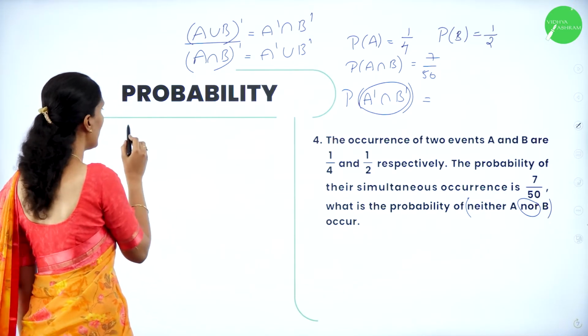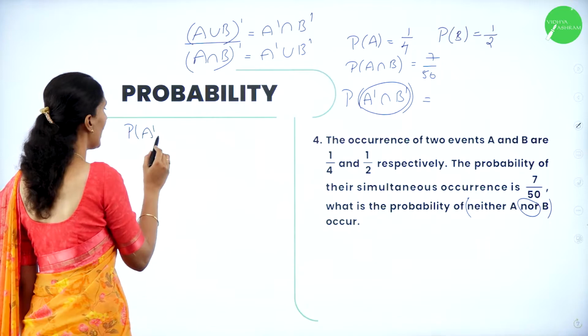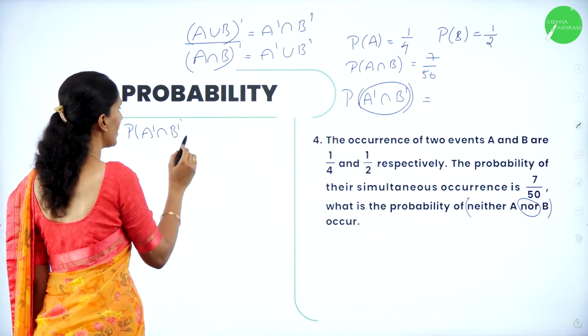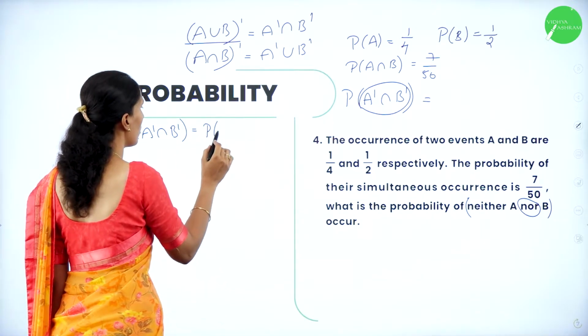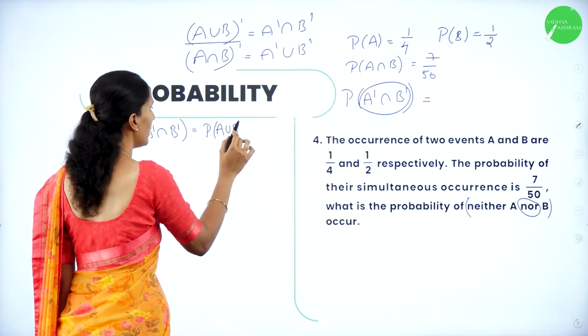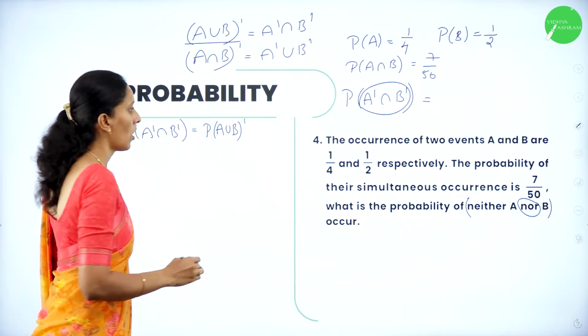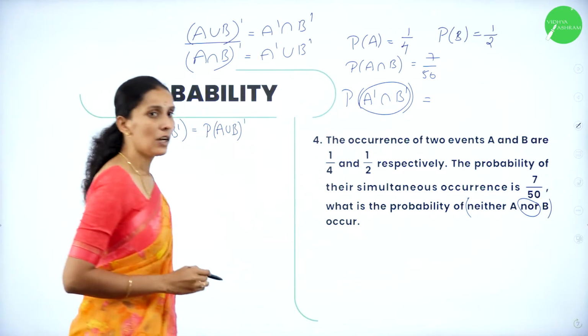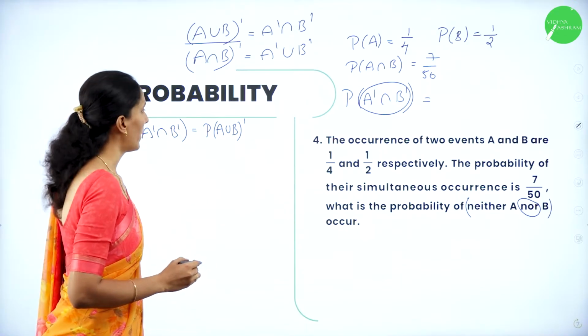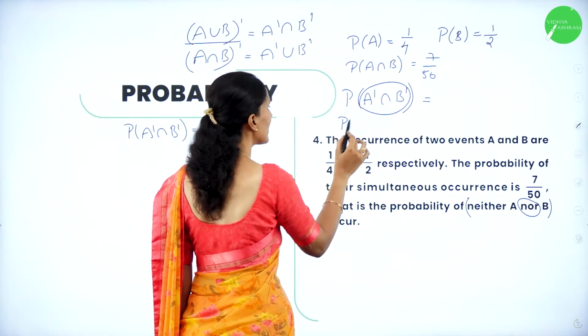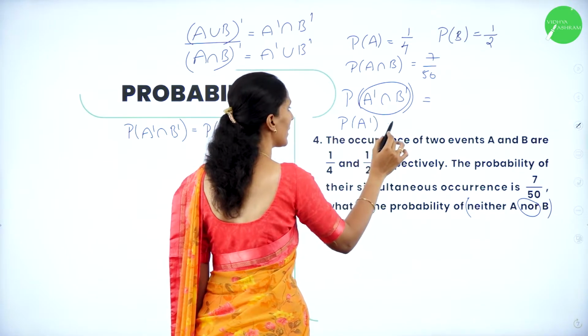So P of A dash intersection B dash can be written as P of A union B whole dash.